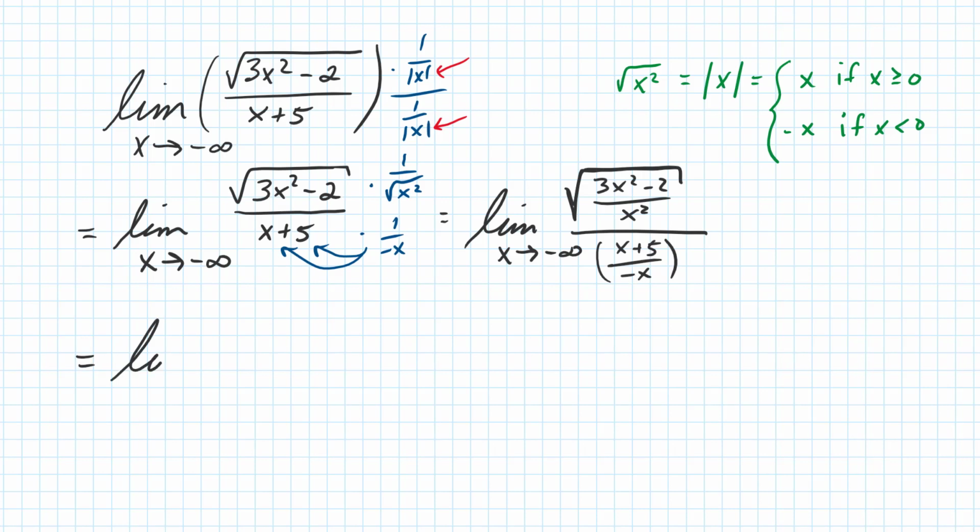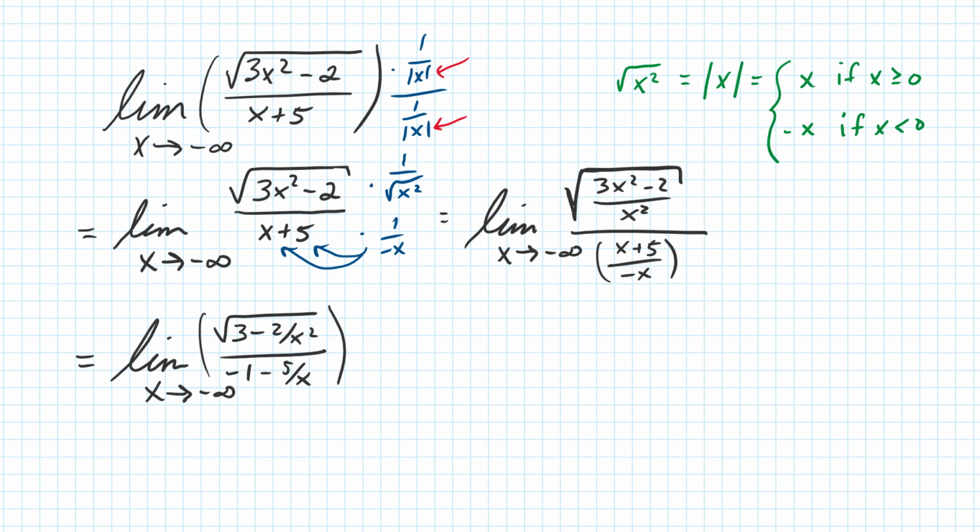That leaves me with the limit as x approaches negative infinity. Now over here, this simplifies as 3 minus 2 over x squared. And then in the denominator here, we get negative 1 minus 5 over x. I'm just dividing both of these terms by negative x.